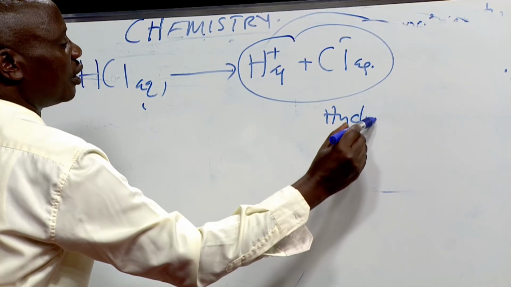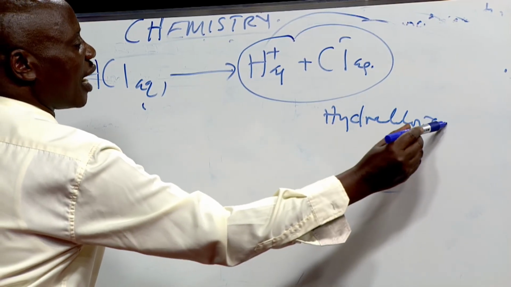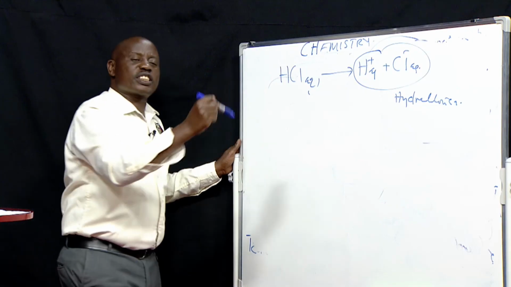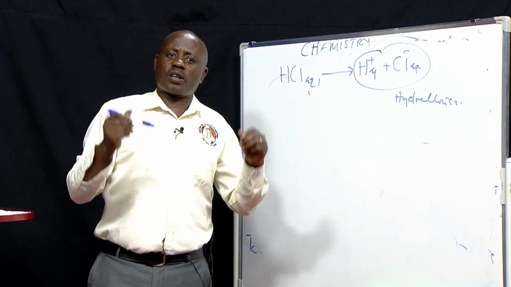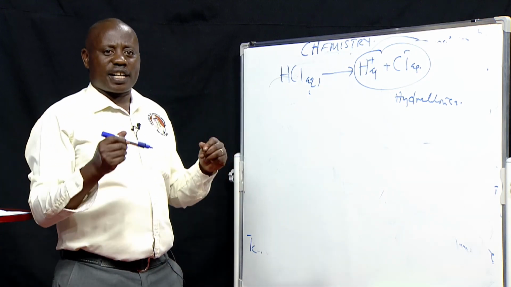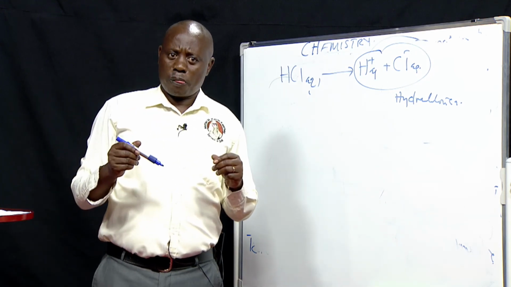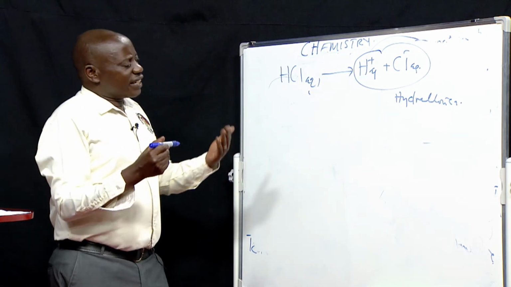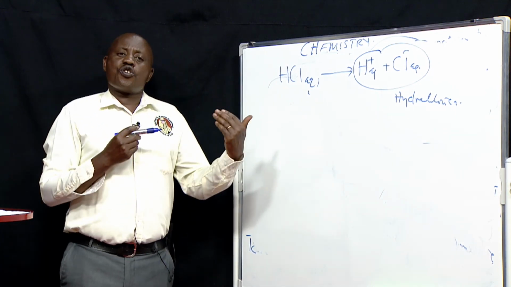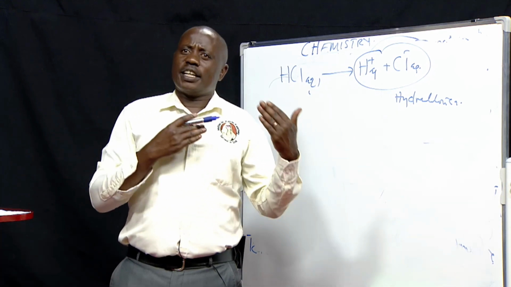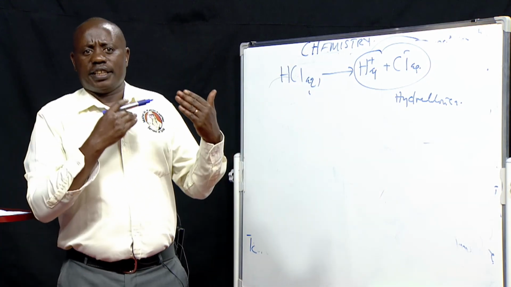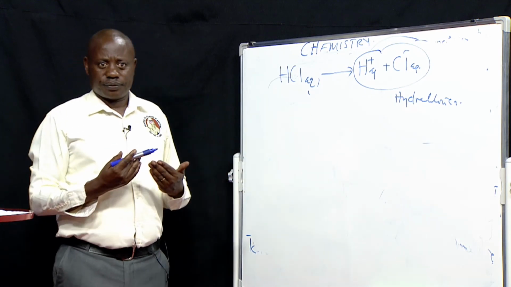An aqueous solution of hydrogen chloride is referred to as hydrochloric acid. So it is on that note that we look at the properties of hydrogen chloride gas in aqueous solution and in non-polar solvent.